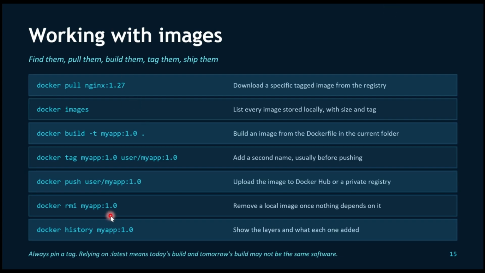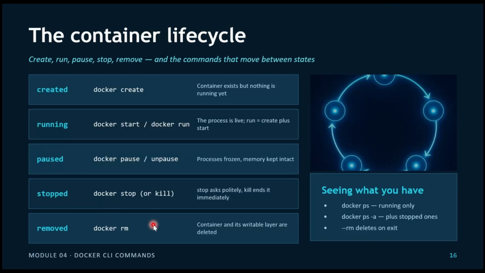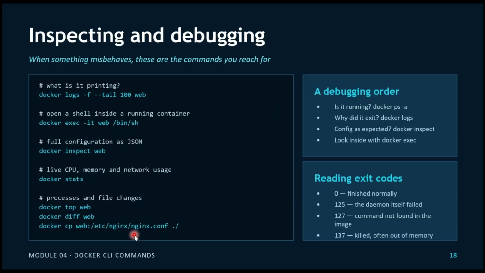So these are the common commands that you need to get familiar with to start. Tomorrow, we will have more practical discussions. We will be able to see all these lifecycle commands: create, start, pause, stop, kill, remove. All those things we are going to see one by one and get familiar.